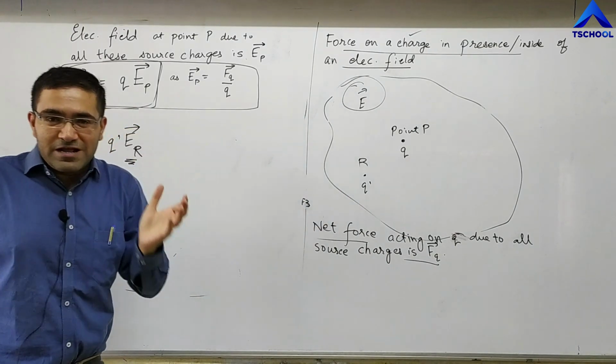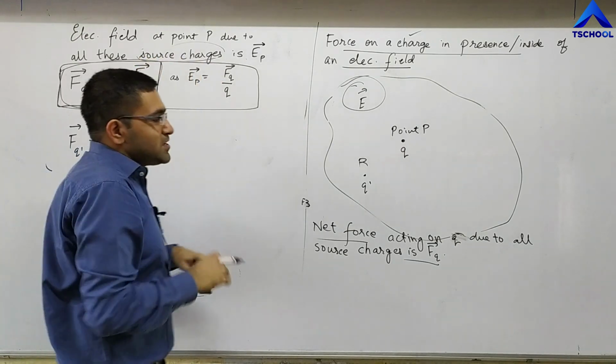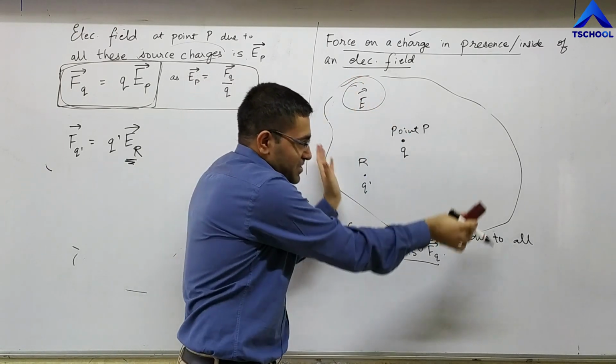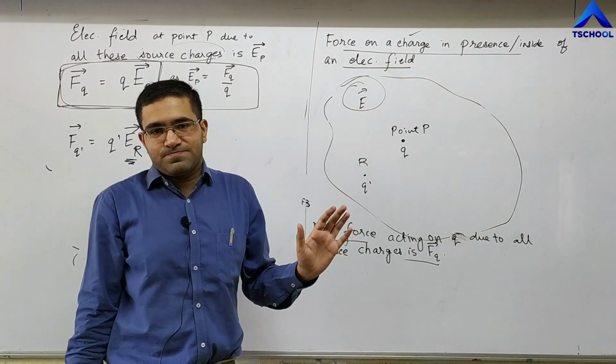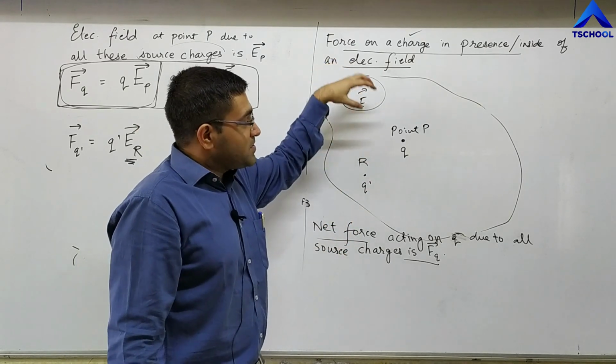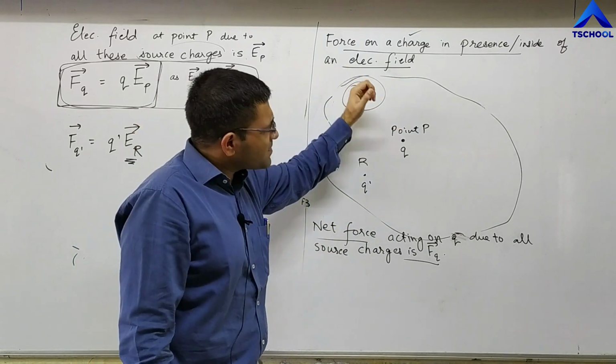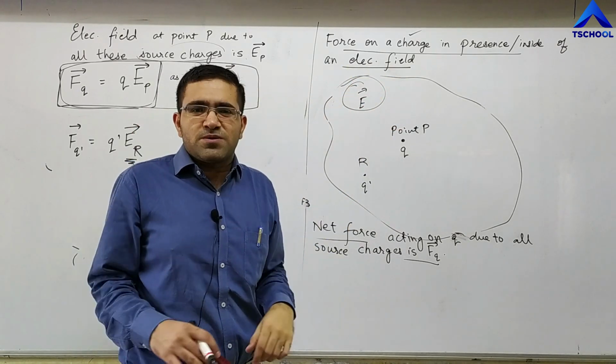Remember, who's applying this force? The answer is all the source charges together that have created this electric field in this space. You could think of it as the electric field being created by all those source charges.